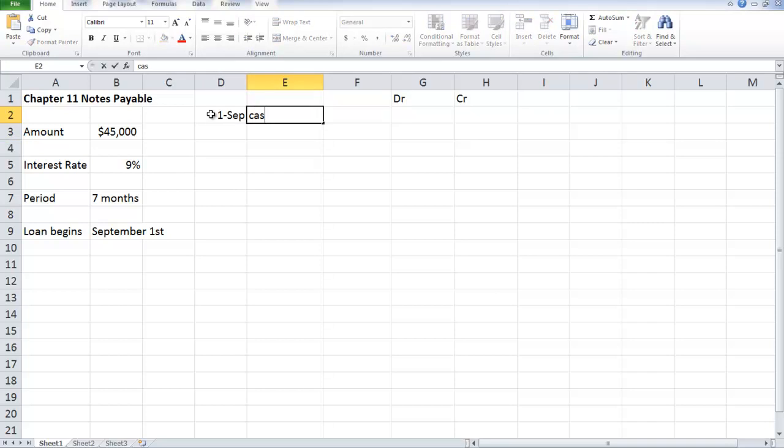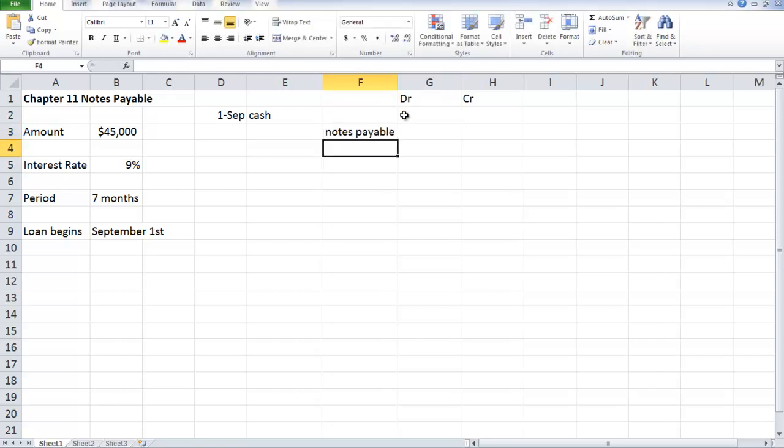So the company would debit cash and credit notes payable, and this will be for $45,000.